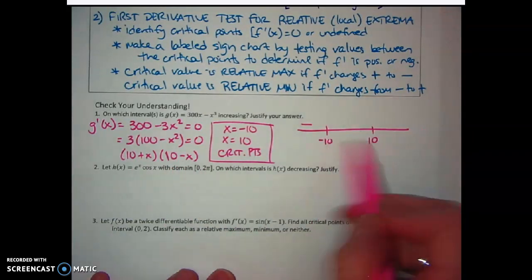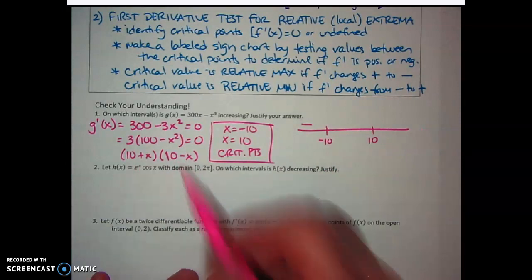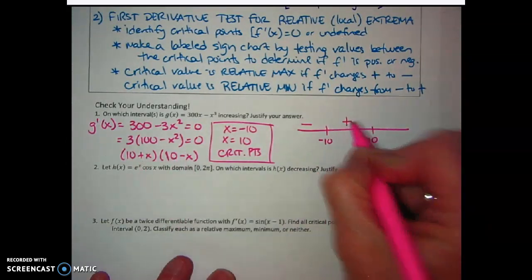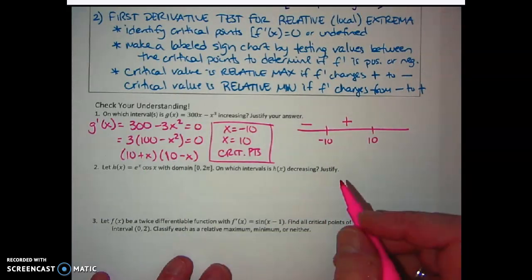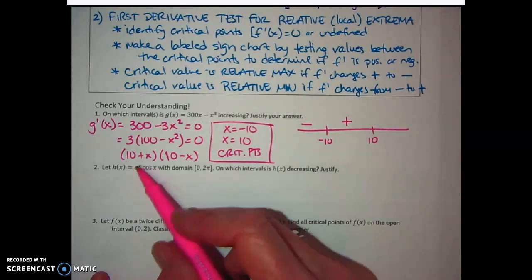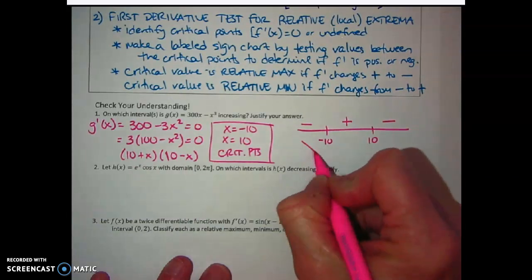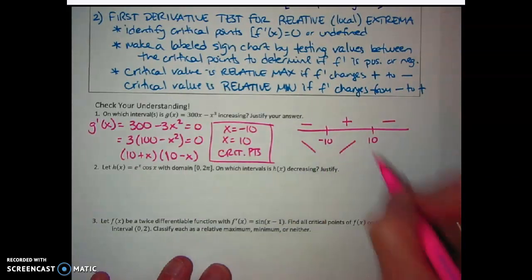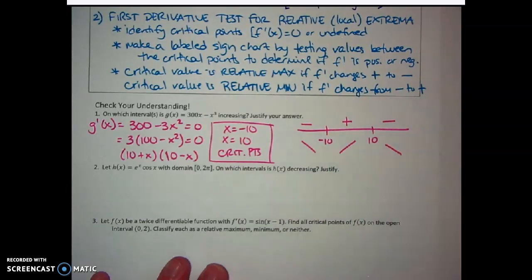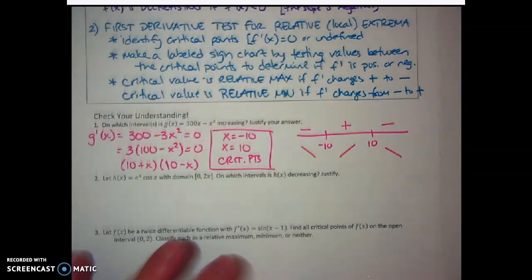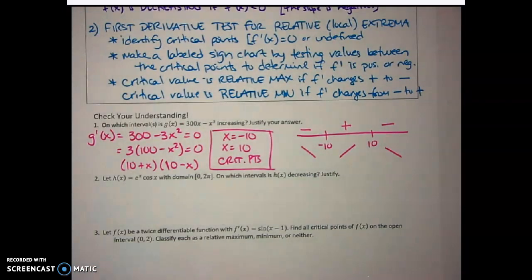If I plug in a number between negative 10 and positive 10, I'm going to get a positive value. And if I plug a number in greater than 10, I'm again going to get a negative value. So I can see that my function decreases, then increases, and then decreases. So I know that my function is increasing between negative 10 and positive 10.